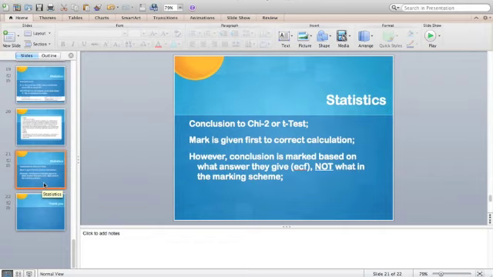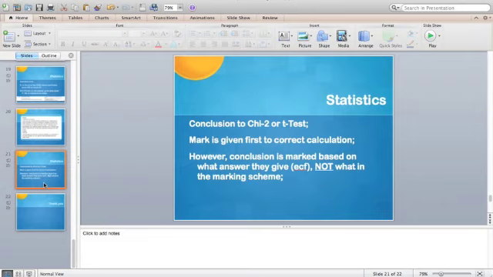Lastly, Christine also mentioned writing conclusions to a chi-square or t-test calculation. She mentioned that the mark is given first to the correct calculation, and then they will consider the conclusion, and the conclusion is marked based on what answer they give.